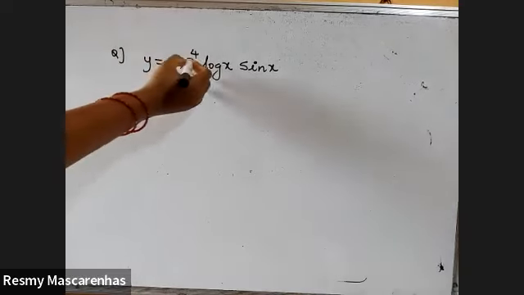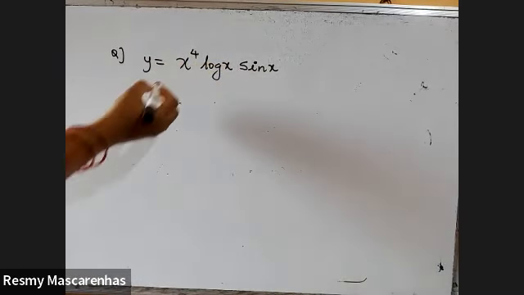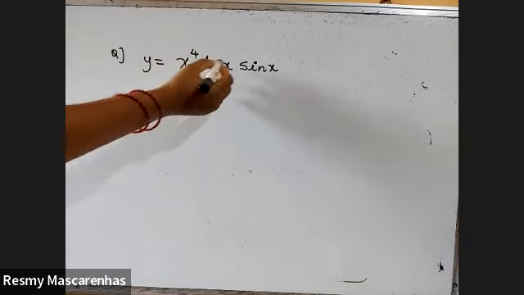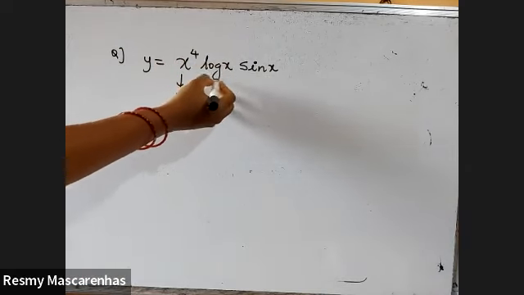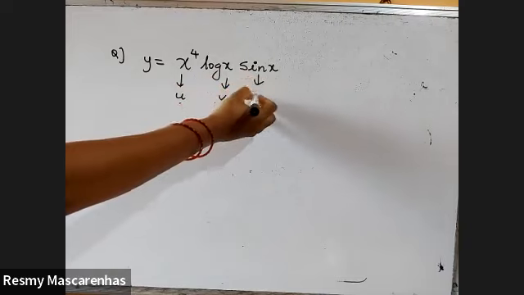Now there are two multiplication signs. Every multiplication sign will make it one term. So here this is having 3 terms.